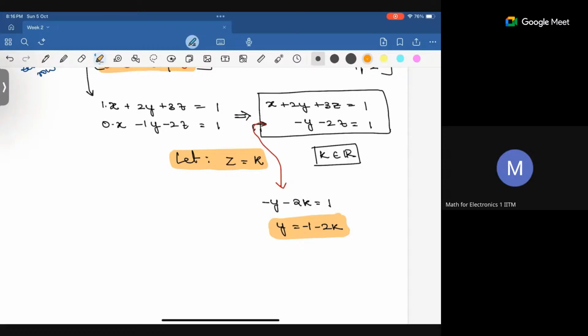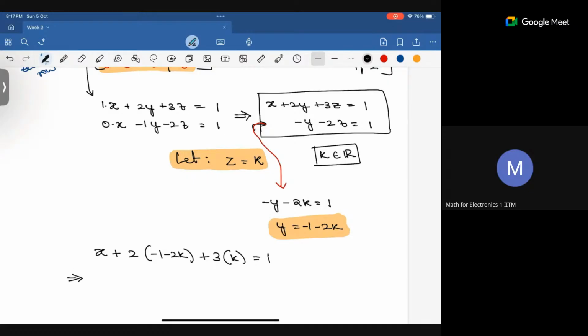All I have to do is substitute them in equation 1. If I do that, I'll have x plus 2 times (minus 1 minus 2k), which is the value for y, plus 3 times k should be 1.